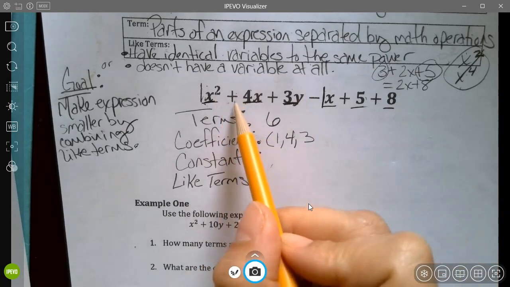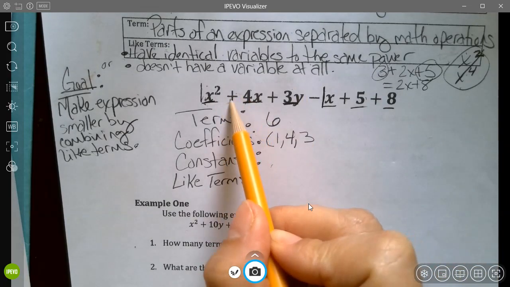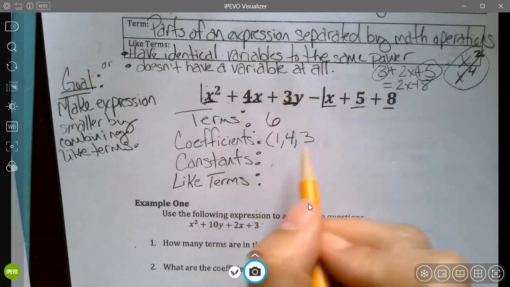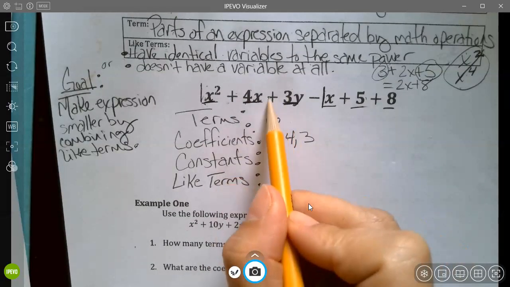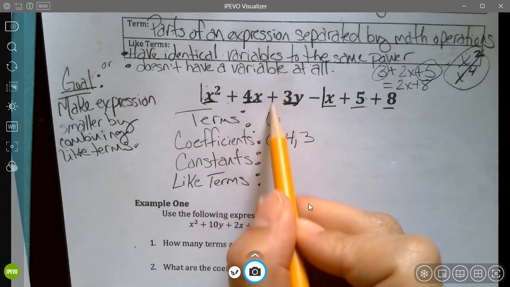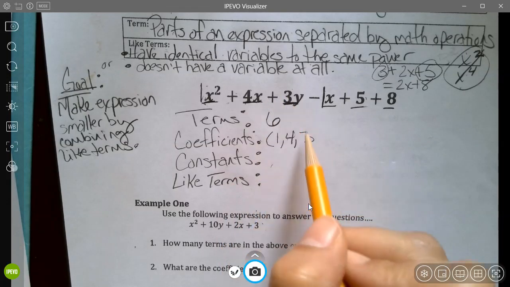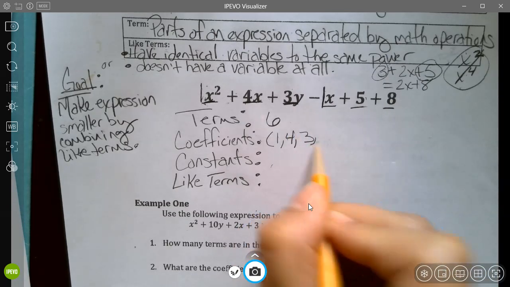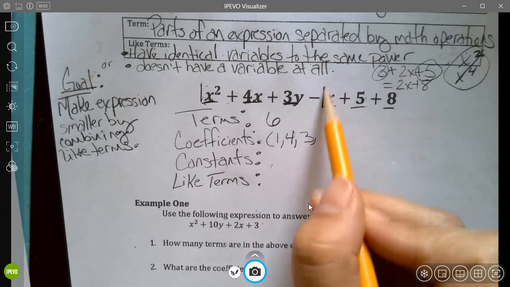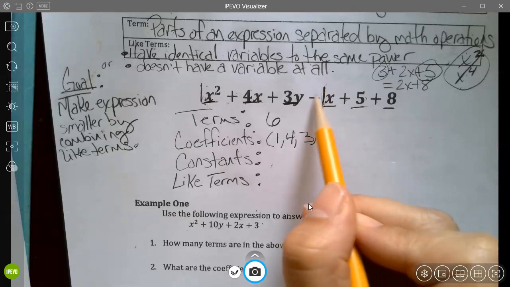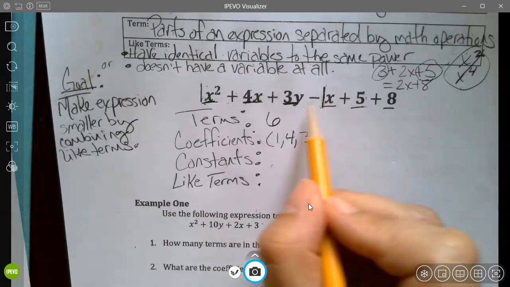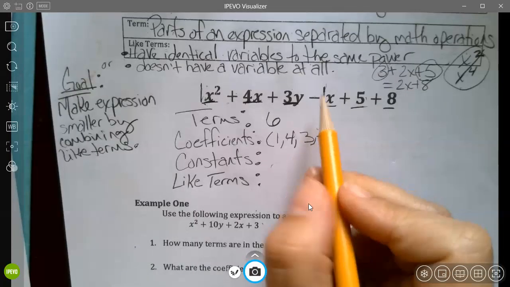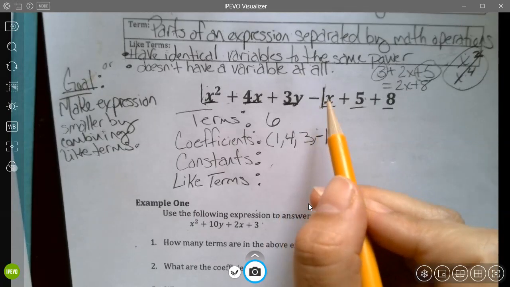Now, I want you to pay attention to, there was a positive addition sign in front of the 4, so I'm going to write a positive 4. There's a positive or addition sign in front of the 3, so I'm going to write positive 3. And I don't have to put the plus, right? But what do I notice about this coefficient, this 1? What's in front of it? That minus, that negative. So I want to make sure I have a coefficient of -1.